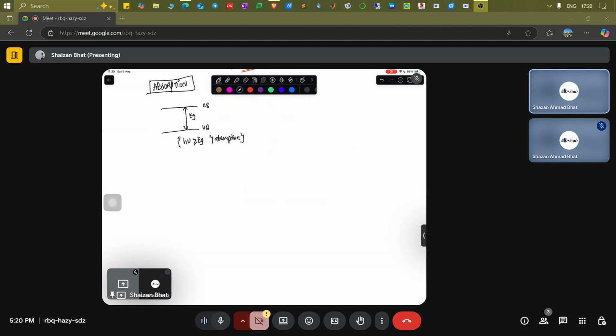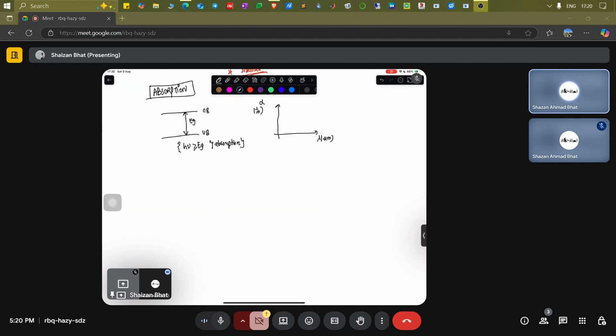Okay. Now, for example, if you draw the absorption coefficient, which is in per meter, versus the wavelength, let's say in micrometers, you're going to see a curve something like this for an indirect band gap semiconductor.